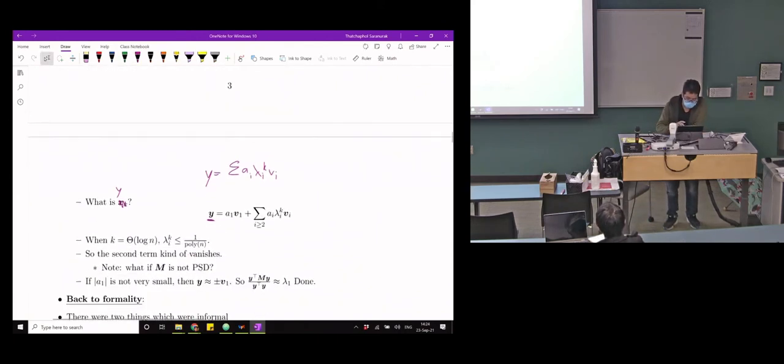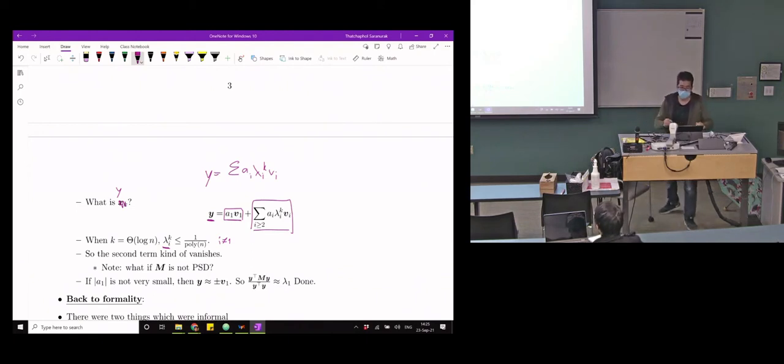If lambda_1 is 1, then the first term is just this, and the rest of the terms are here. But if each lambda_i, for i not 1, is less than half, then when you raise it to the power k, it's going to be very small. It shrinks.